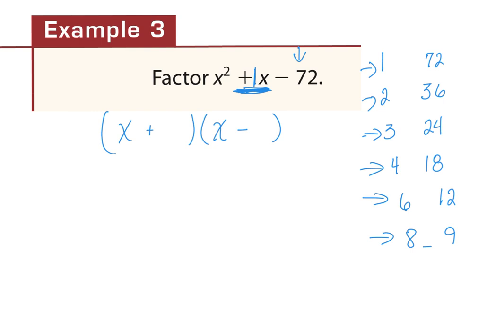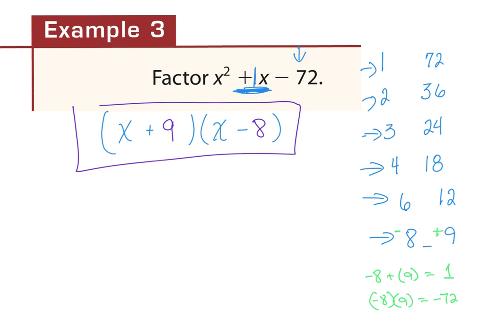8 is negative and 9 is positive. Negative 8, positive 9. Is that going to work? If I say negative 8 plus a positive 9, what do I get? 1. If I say negative 8 times a positive 9, what do I get? Negative 72. That's what I'm looking for. So I want my 8 to be negative and my 9 to be positive.